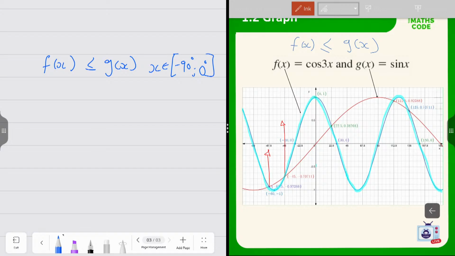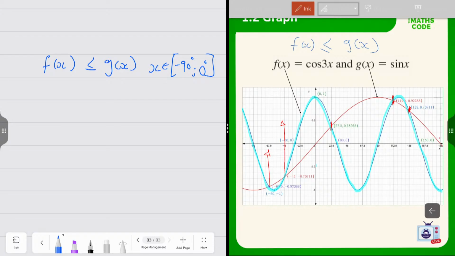If you come this other side, you also see that that also happened when you start where x is 22.5, as well as up until when it's 112.5. And again, you can see that after it reaches 135 up until 180 is also below.